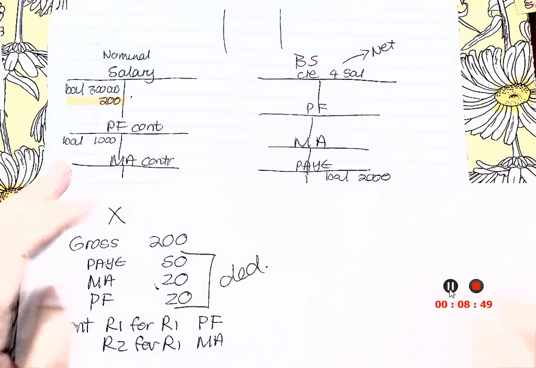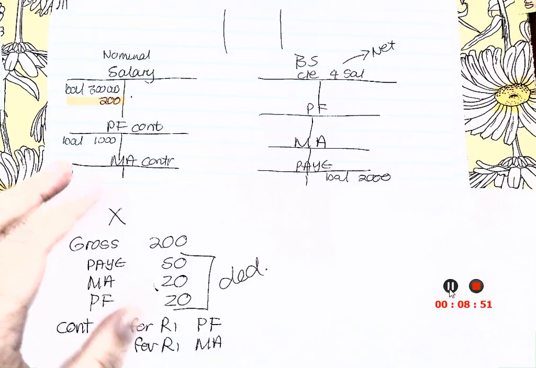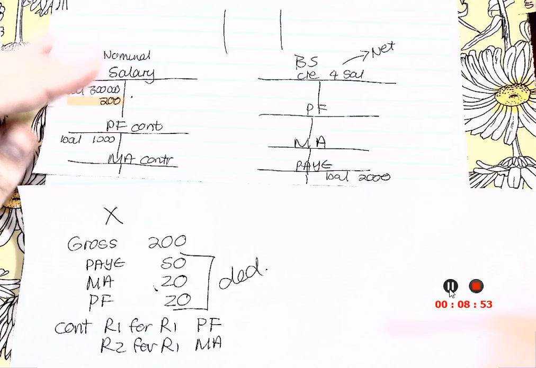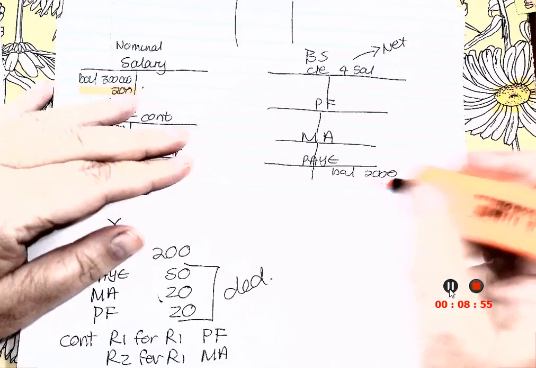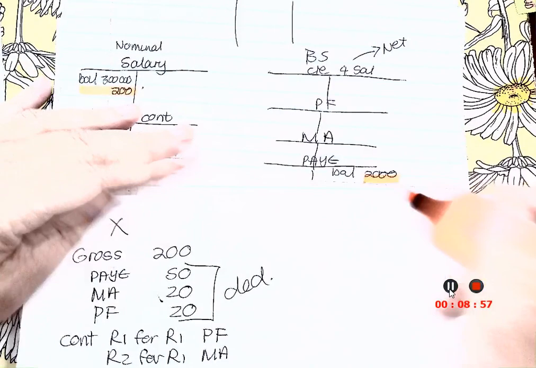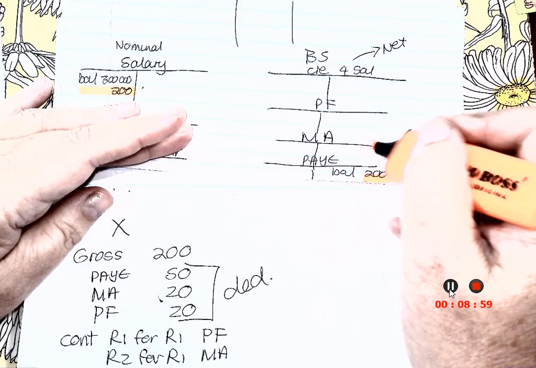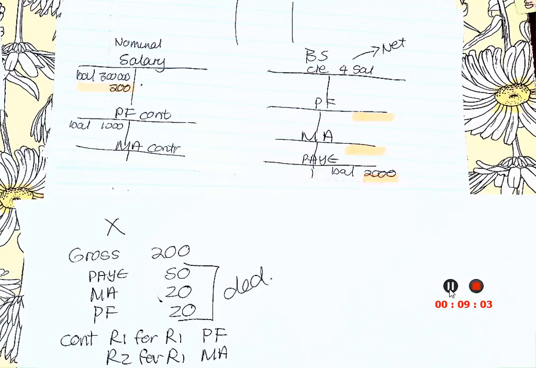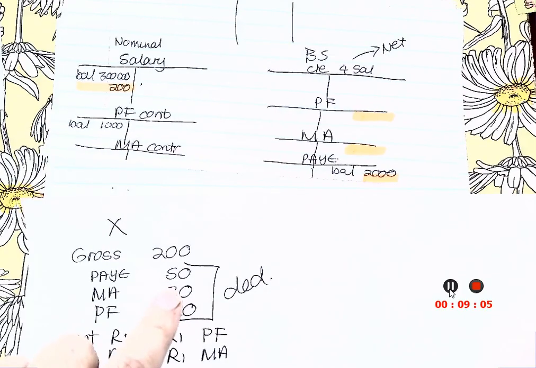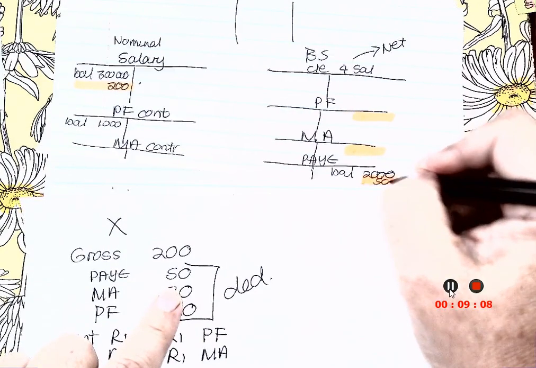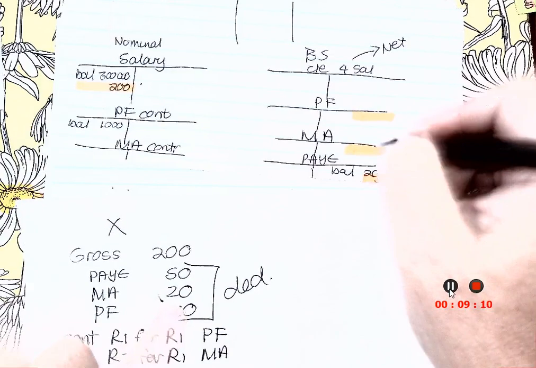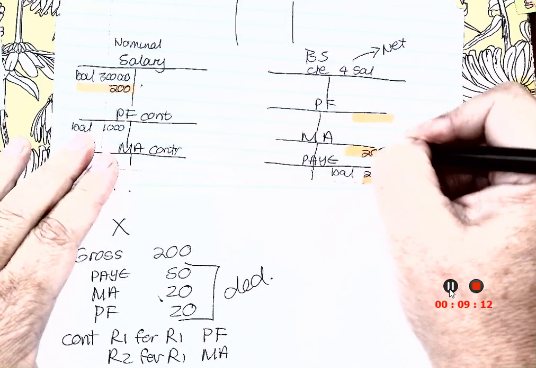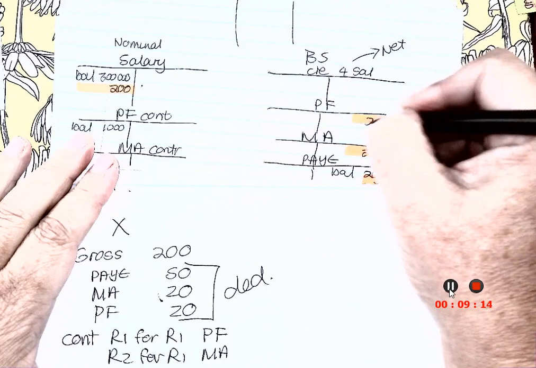So now I go to the balance sheet. I need to add to PAYE, I need to add to medical aid and I need to add to pension fund. So, PAYE 50 bucks, medical aid 20 bucks, pension fund 20 bucks.